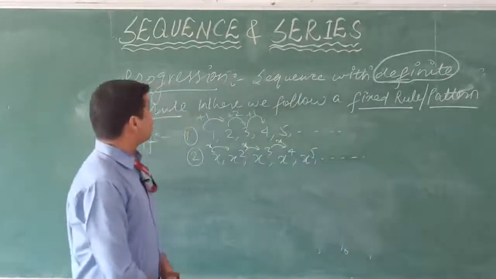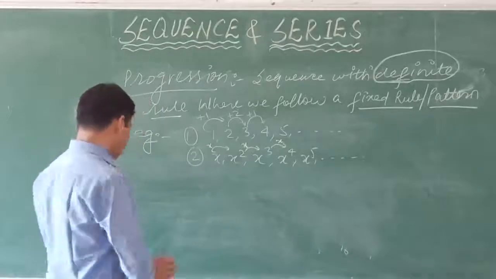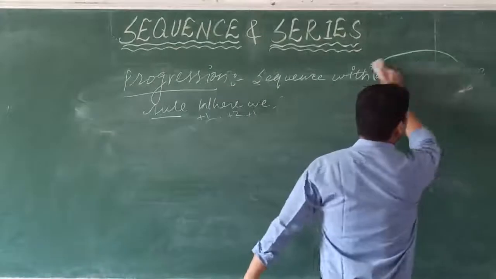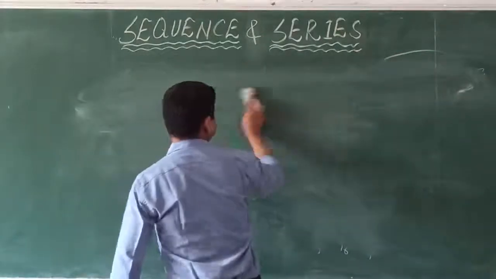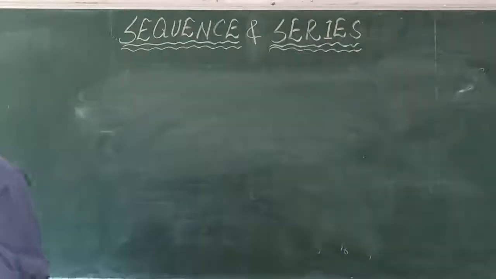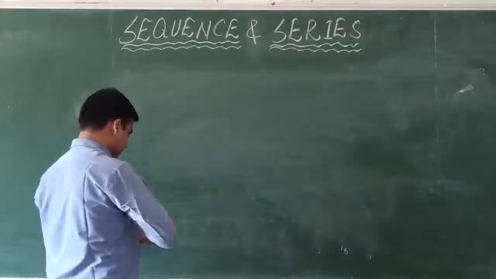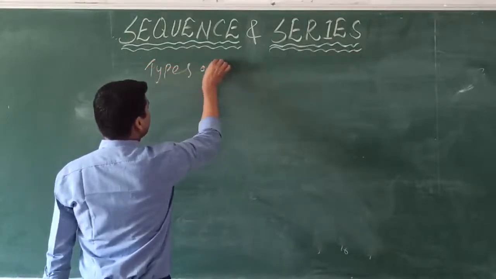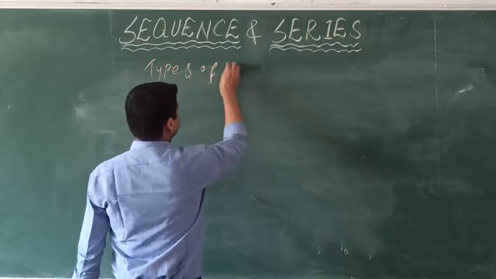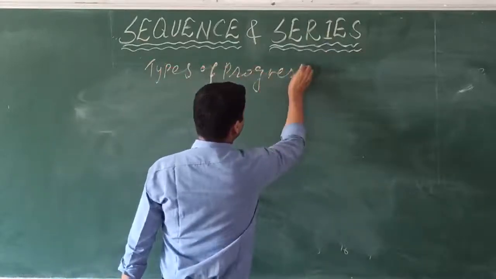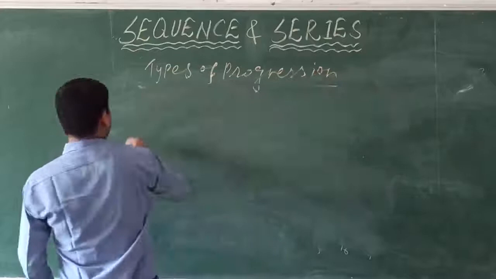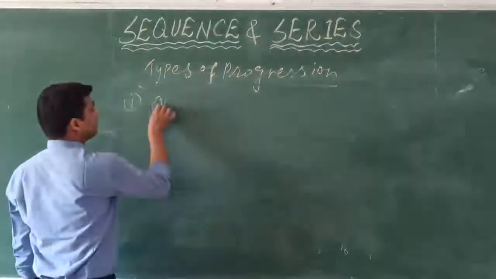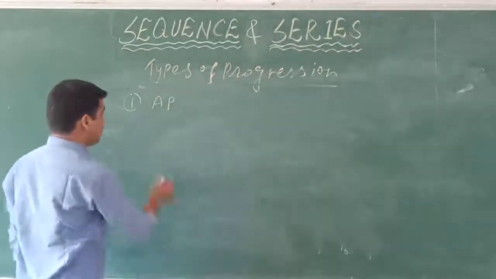Now we are going to discuss types of progression. Mainly 5 types of progressions are there. First type is arithmetic progression, in short AP.